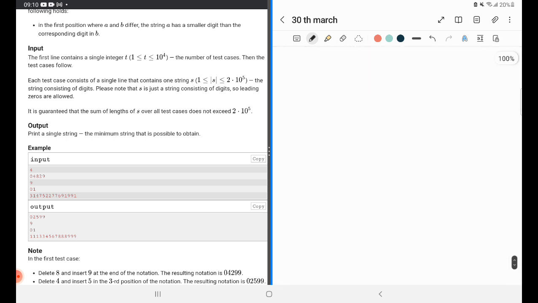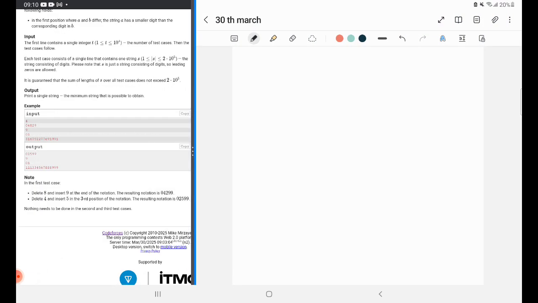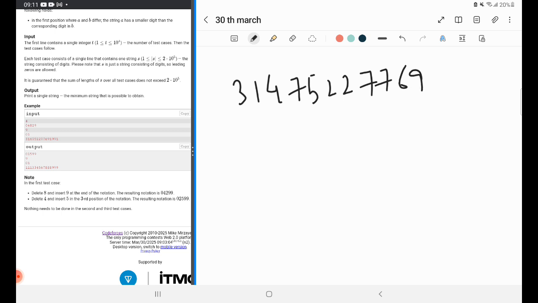For example, let's take this really big example, the last one, which is 31475227691991. So here also see, the smallest number in this whole string is 1.